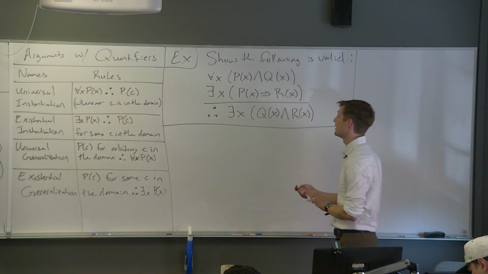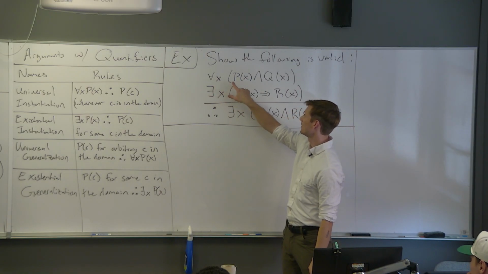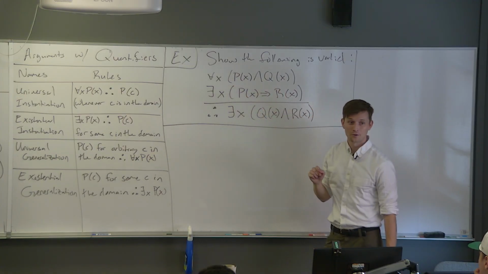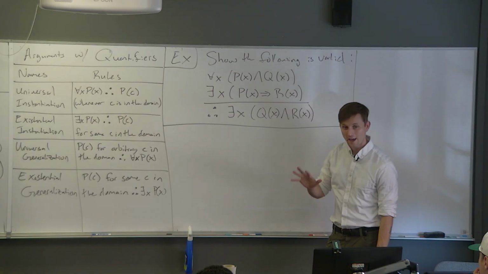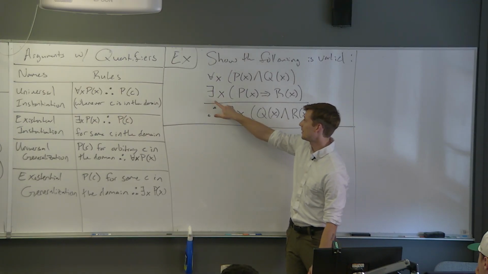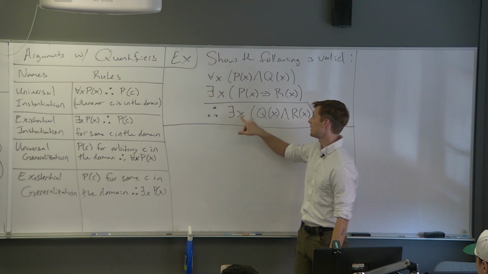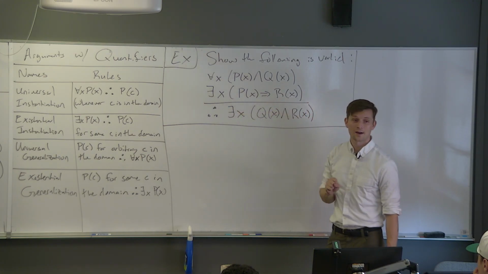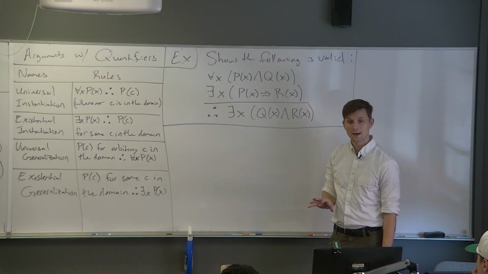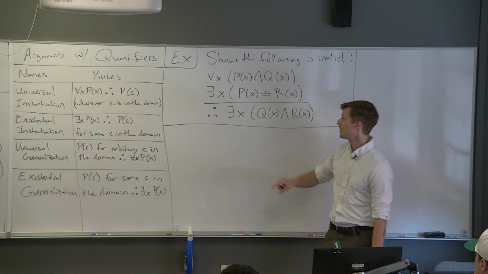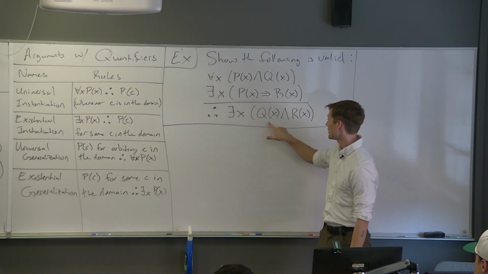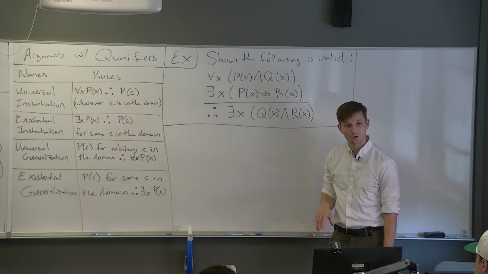So what it's saying is that no matter what x you pick, P of x and Q of x is true. And if you buy that for some x, it's true that P of x implies R of x, then there is some x such that Q of x and R of x are both true.